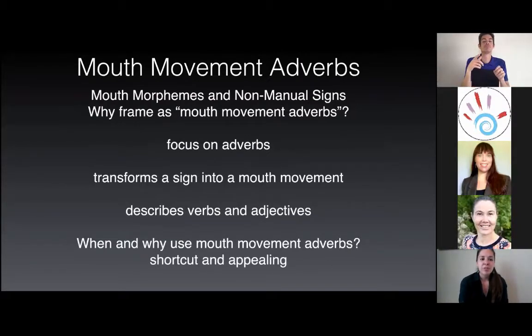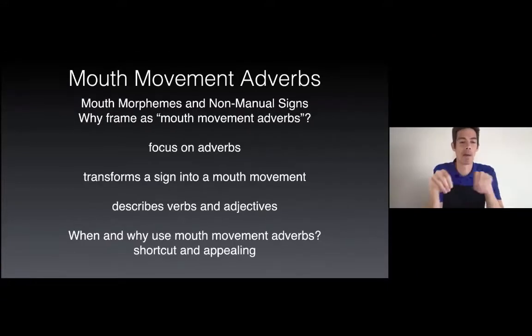So now with mouth movement adverbs, I call it mouth movement adverbs. The reason why I have labeled this is that there are other terms, mouth morphemes, which is mouth meanings, or non-manual markers, meaning that there are no hands involved. It's your body language and your facial expressions, which we abbreviate NMS.